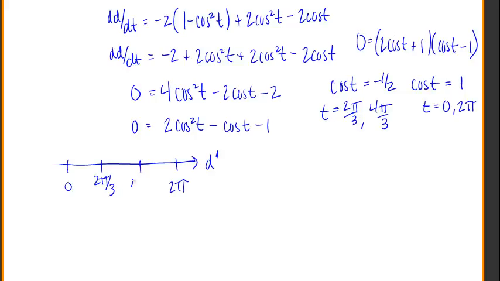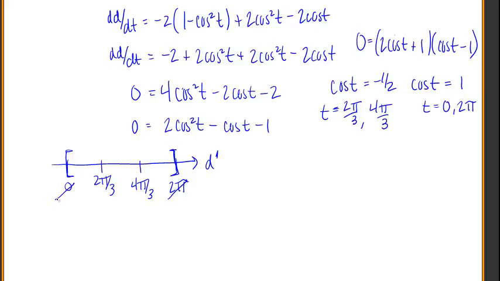Now, I don't know if y'all caught this, but remember going back to the definition of critical points? Can critical points be endpoints? Technically, at 0 we're at the very edge of our domain, and at 2 pi we're at the very edge of our domain. According to the definition, critical points can only be interior points. We can have local extrema at our endpoints, but we can't have critical points there. So really, I don't have to worry about these two.